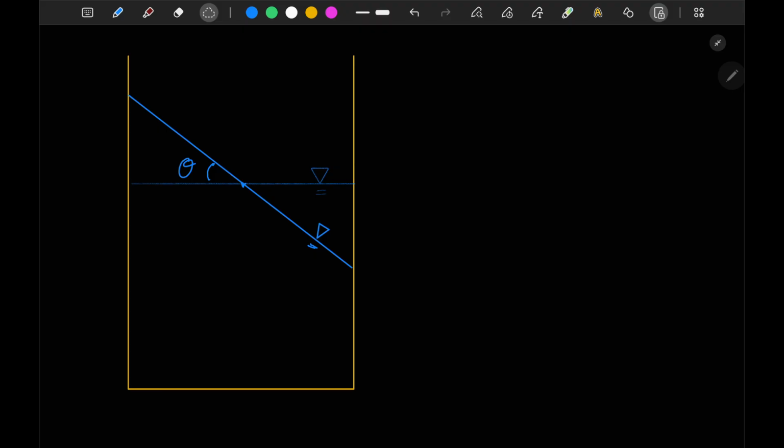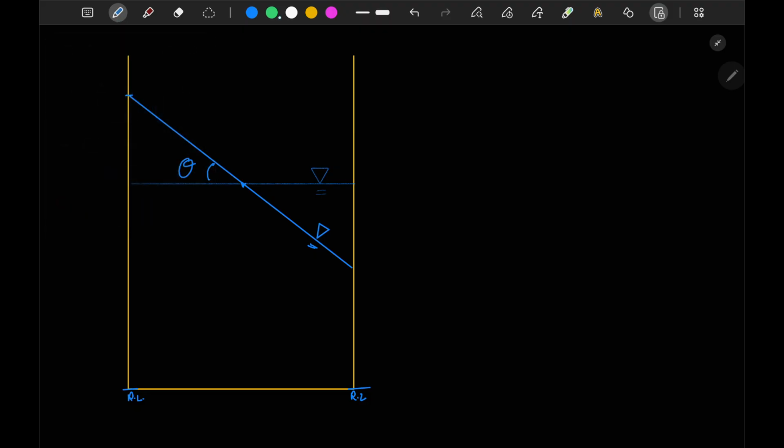Now let's say this height is h1, and let's say this is your reference line.